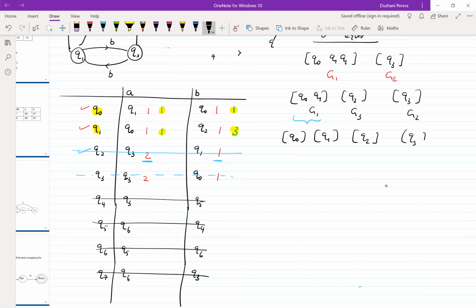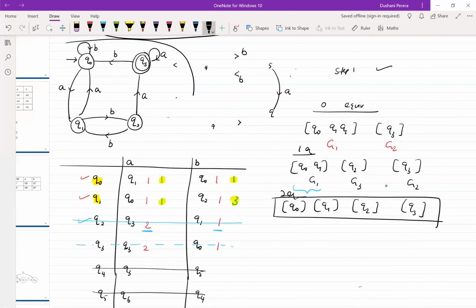Q2 and Q3. By the way, this is 1 equivalence, this is 2. Do we have to go further? No, we don't, because now each group contains just 1 state, so we shouldn't go further because there's nothing more to separate. So this is the final set of states, which means this is the final diagram.